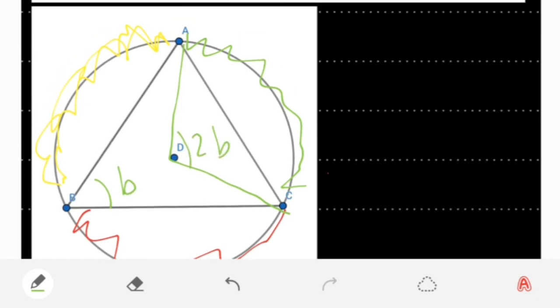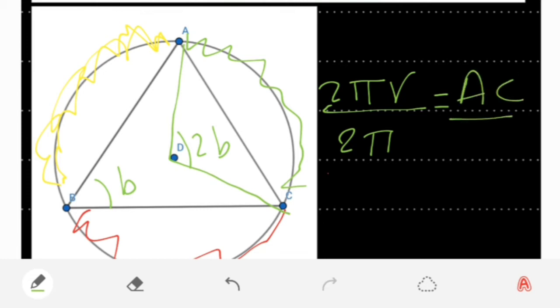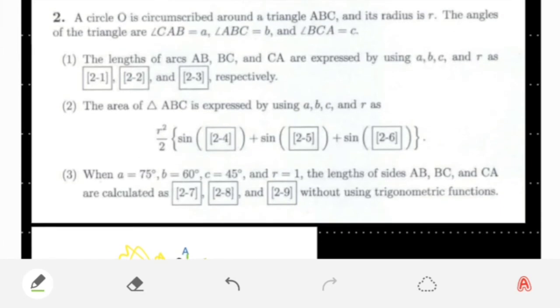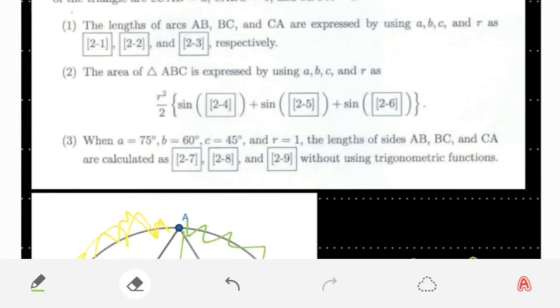So we have a proportionality: 2πR, the whole circumference, divided by the angle of 360 degrees, and the arc that we want, the green arc, which is AC, divided by the angle 2B. So we have that AC is equal to 2BR. And this is our first answer for question 1.